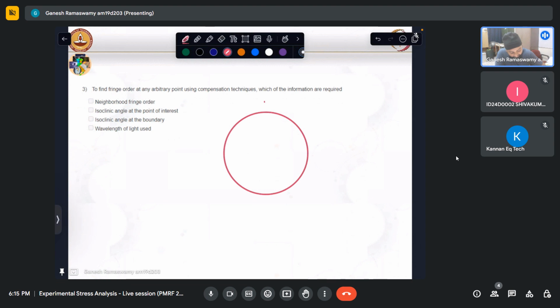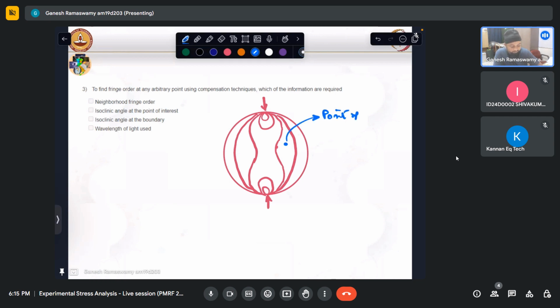I'm taking this example again. For example, the fringes get formed like that, let us say, for some particular load. And then there is a fringe like this, and a fringe like this. Now we want to find out the fringe order at this point by compensation. This is the point of interest.